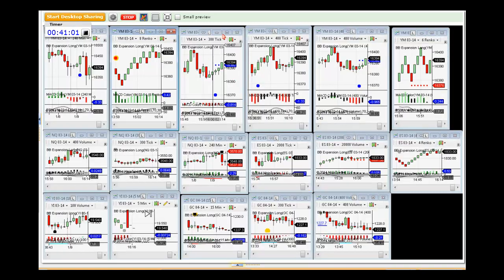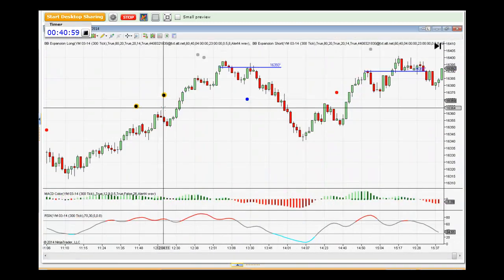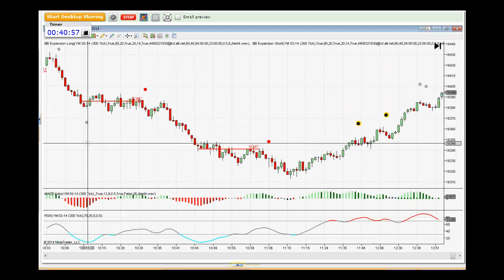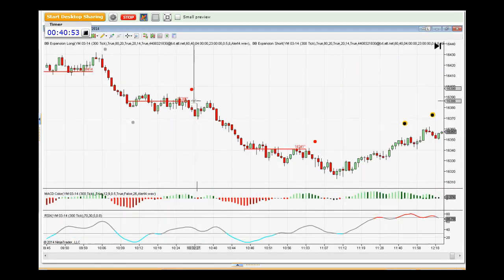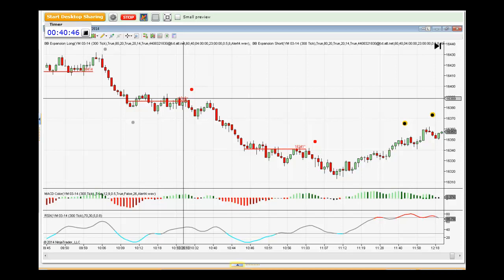But let's go back to our YM contract and our morning scenario here. We have with trend, red, red again. That's with trend not only on this particular chart, 300, but also on the 1200 tick chart.